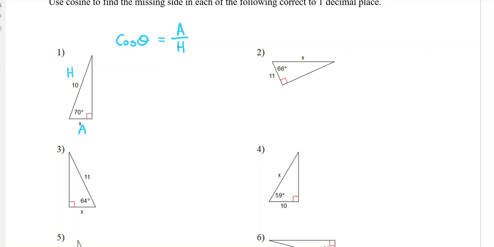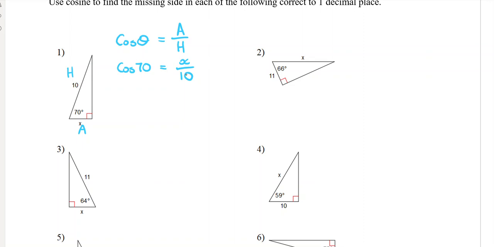It is the angle. So what's the angle that I'm given in this question? 70, good. So cos 70 equals, which one is the A? Yeah, that's the X side, with the X on the top. And then the H needs to go on the bottom, and the H is the number 10.